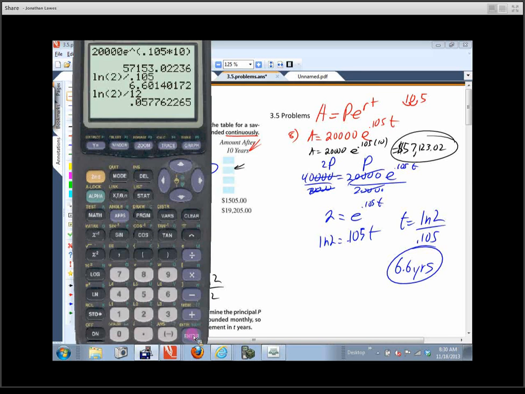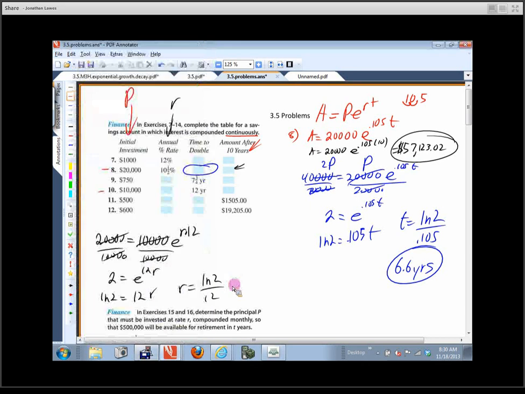Does that look like an interest rate? Yep. Okay, if we move the decimal over, we'd probably call that 0.0577, which we're going to call 5.77%.